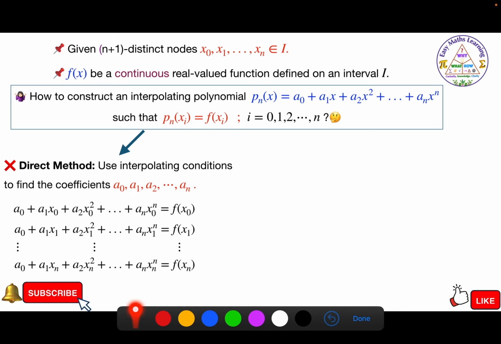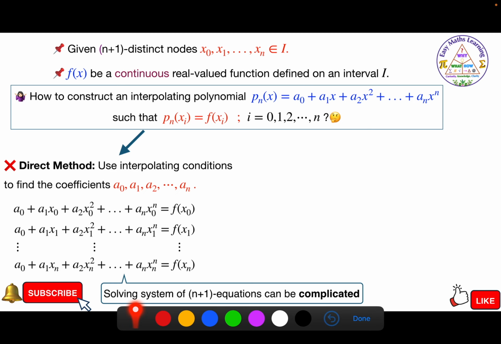So we obtain a system of n plus 1 linear equations in n plus 1 unknowns. The unknowns are the coefficients. However, solving such a system can become complicated when n is a large number. Because of this difficulty, we look for a better method, that is the Lagrange method.